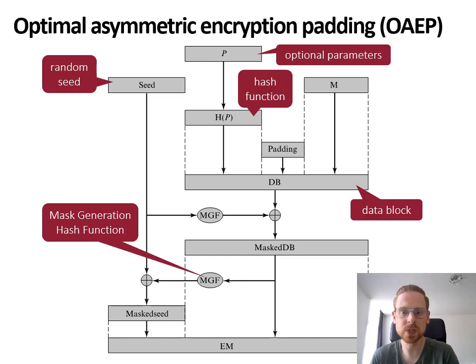By using this procedure, it's no longer possible to execute chosen ciphertext attacks. Moreover, by including the masked seed into EM, the receiver is able to retrieve the seed value and then decrypt the message, as the XOR operation is invertible.